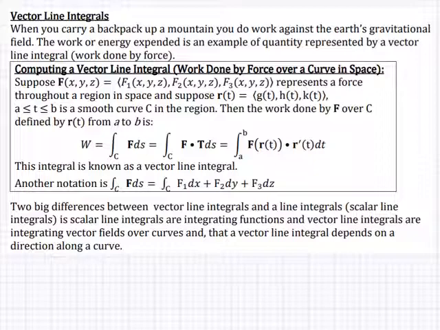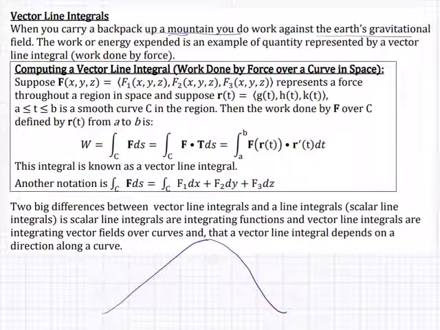If we wanted to calculate the work done by a force, an example would be something like the example I give you here, where we're talking about backpacking up a mountain, and you're working against the Earth's gravitational field. So when you walk up a mountain, you have the Earth's gravitational field pulling down on you, okay?